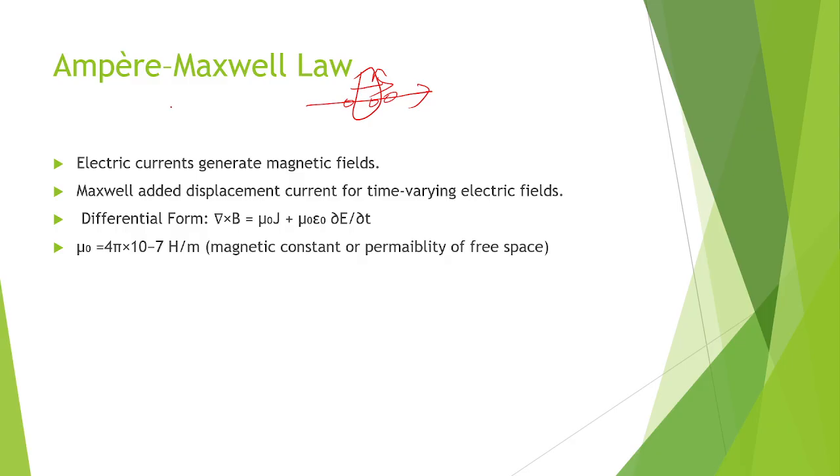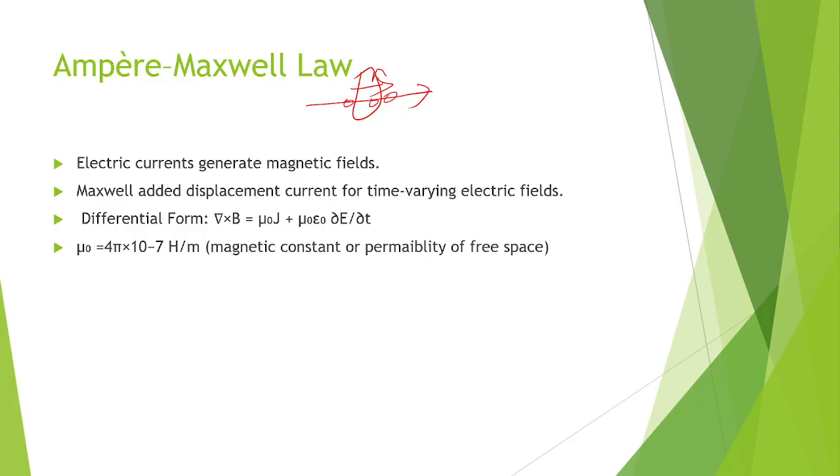Motion of the magnet generates electricity. Motion of the charges generates magnetic field. So if there are charges in motion, there should be a magnetic field in that region.